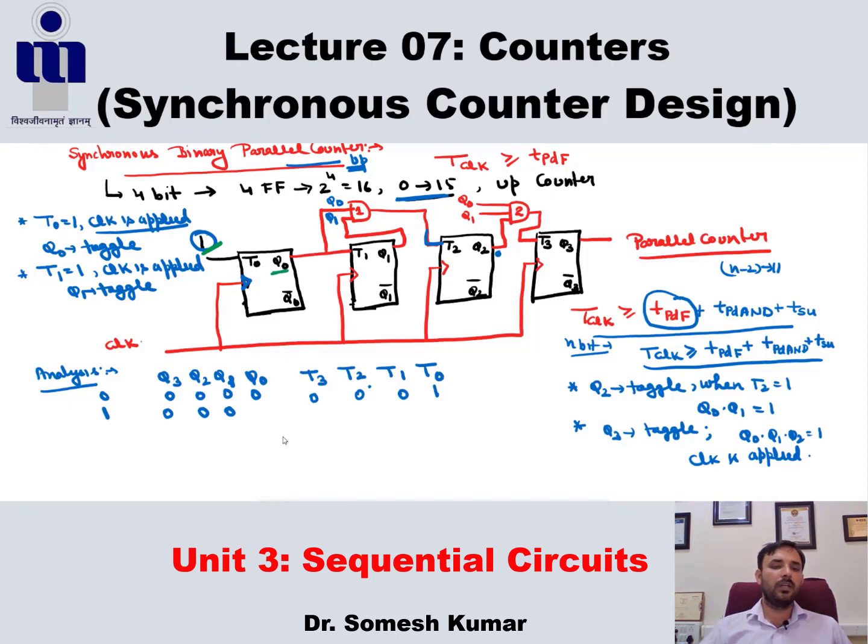If T0 is 1, then Q0 toggles, meaning it changes from 0 to 1. Now what about T3, T2, T1, T0? T3 remains 0, T2 also remains 0. What about T1? T1 becomes 1 here because Q0 is directly connected to it.